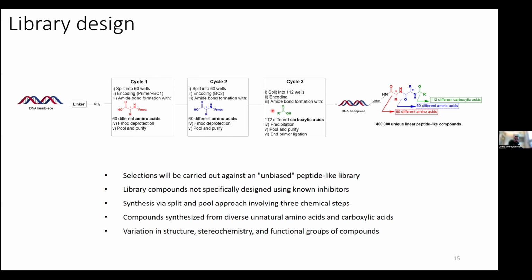And as I mentioned before, it is general purpose, so it's not synthesized based on any known inhibitors. It can be used and screened against any target of interest. And of course, it can act as a very good starting point in early drug discovery programs.